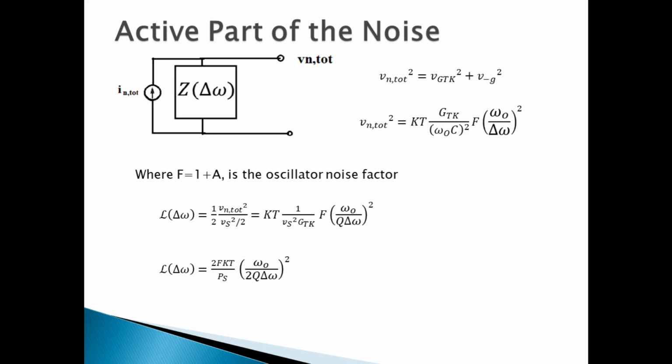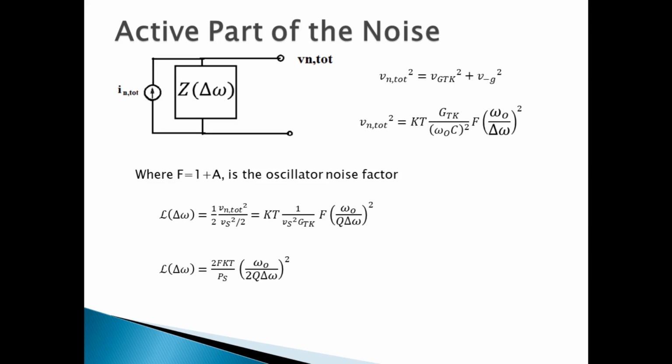The phase noise is directly proportional to the noise generated by the LC tank, and it is also directly proportional to the noise generated by the active part, and it is inversely proportional to the square of the quality factor. This is the reason why designers prefer high Q oscillators when they are looking for good oscillators.